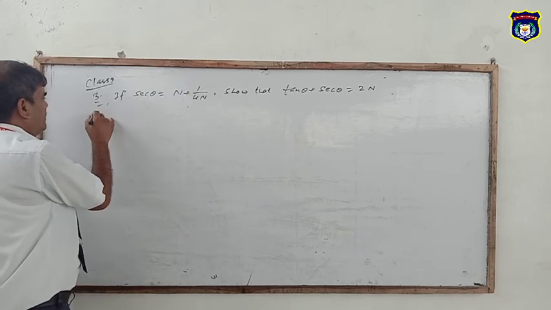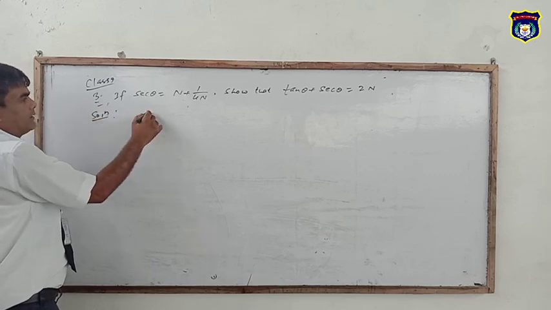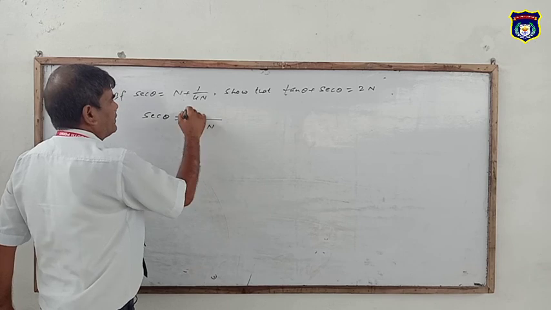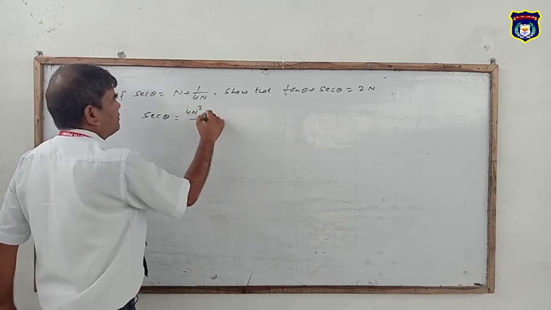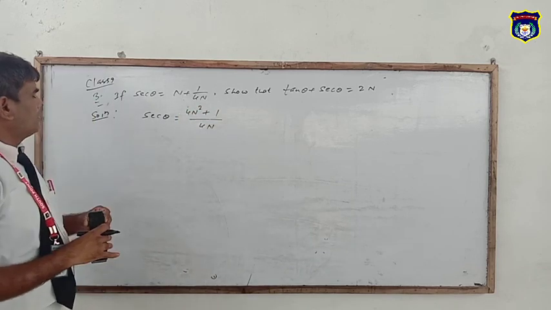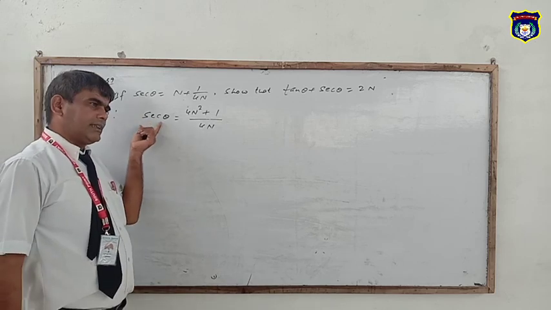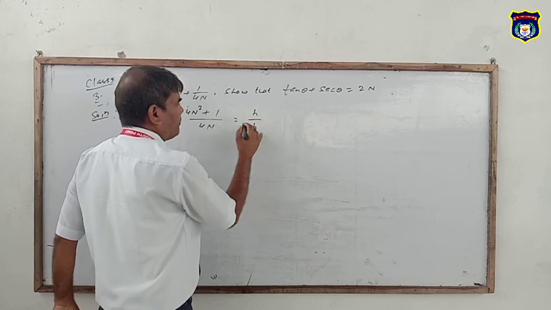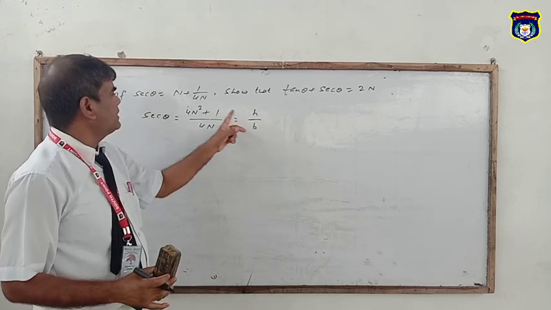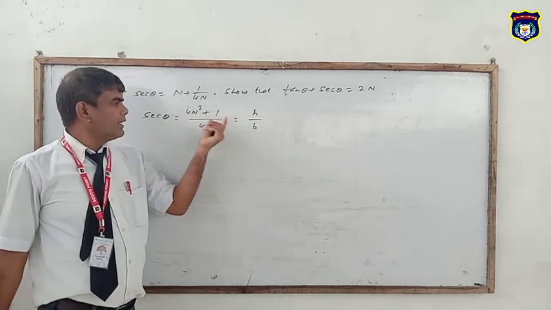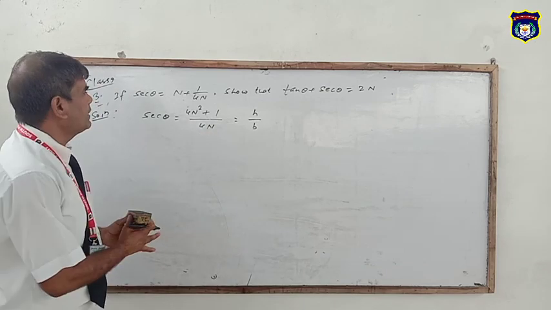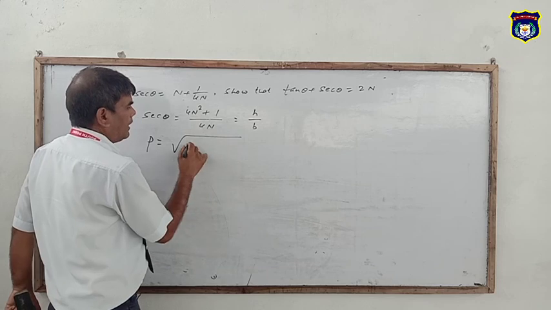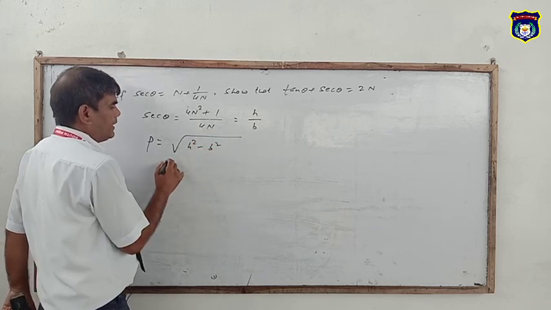Here sec theta is equal to (4n square plus 1) by 4n. So in trigonometric ratio, the formula of sec theta is h by b. This means h is equal to 4n square plus 1 and b is equal to 4n. So p is equal to root of h square minus b square.